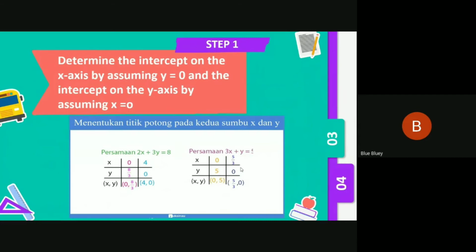And we suppose y equals 0, we obtain x equals 4. So the point of the cut on the x-axis is (4, 0). Then do the same thing for the equation 3x plus y equals 5.